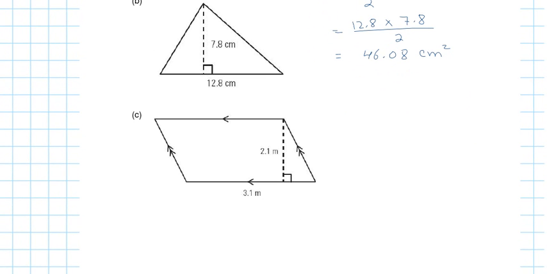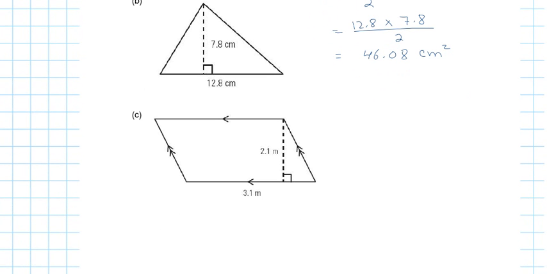What's this shape? Parallelogram. All right, so for a parallelogram, if you look at my parallelogram formula, I need the base and I need the height. Remember, guys, the height always has to be a vertical line that is perpendicular to your base.